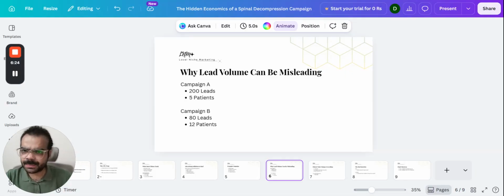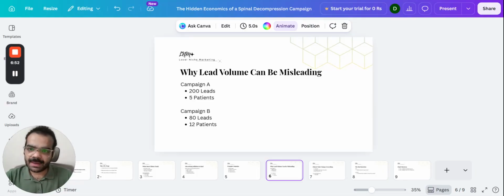Here is another example. There is a campaign that is generating more leads at a lower cost per lead, right? We call it campaign A. But after doing the maths, or after tracking, you came to realize that campaign A only generated 5 patients and you have spent around $2,000, right?